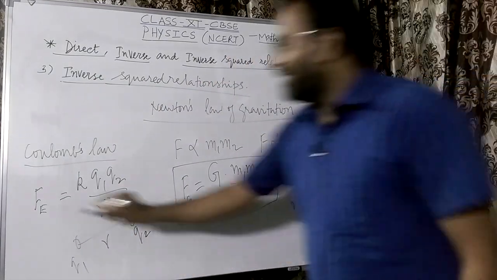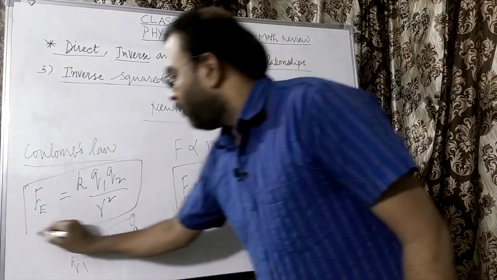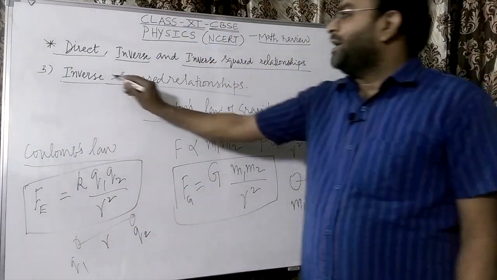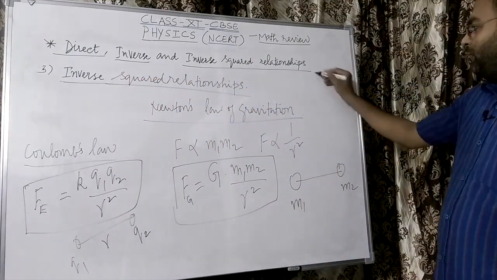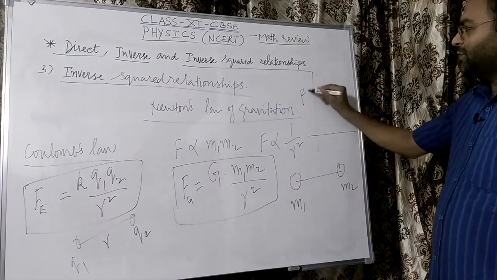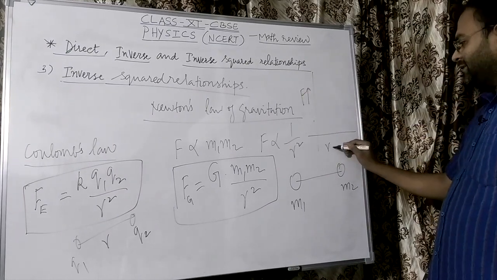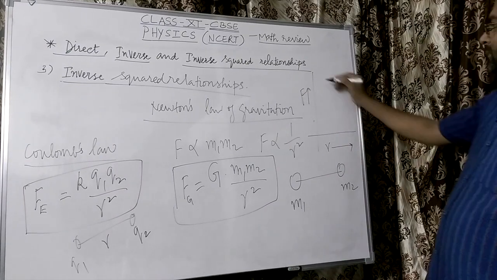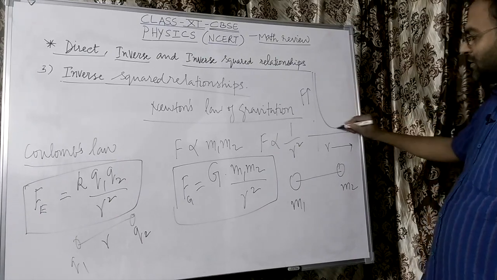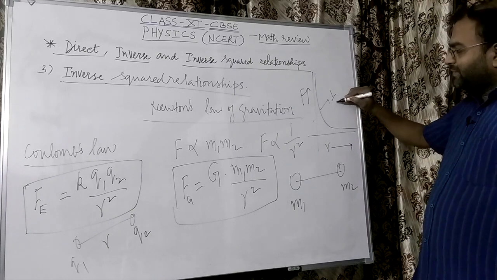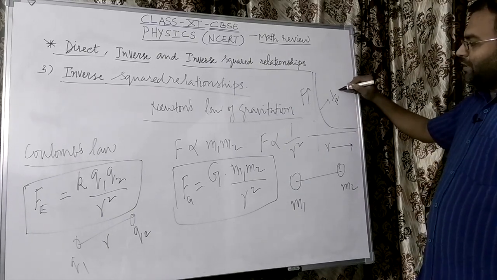Now both these fundamental force laws in physics fall under this category of inverse square relationships. So if you plot the force along the y-axis as a function of the distance r, you would get a curve that looks something like this. So this kind of a curve will be very commonly encountered in physics. It's 1 by r squared curve.